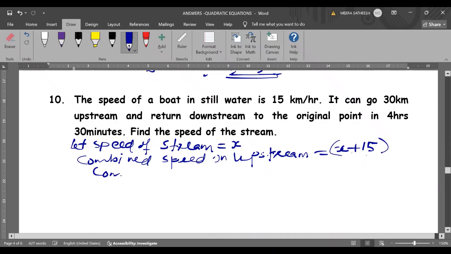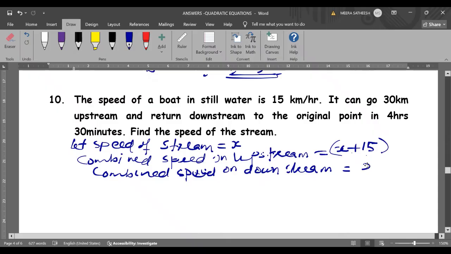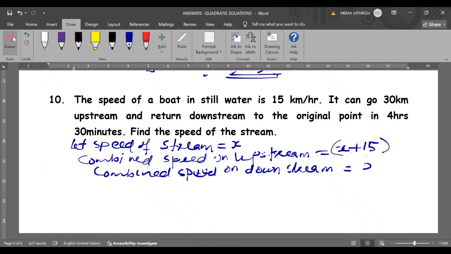Now combined speed on downstream will be 15 plus x, because the speed of the boat is more than the speed of the stream. So 15 plus x here, 15 minus x there. Clear?